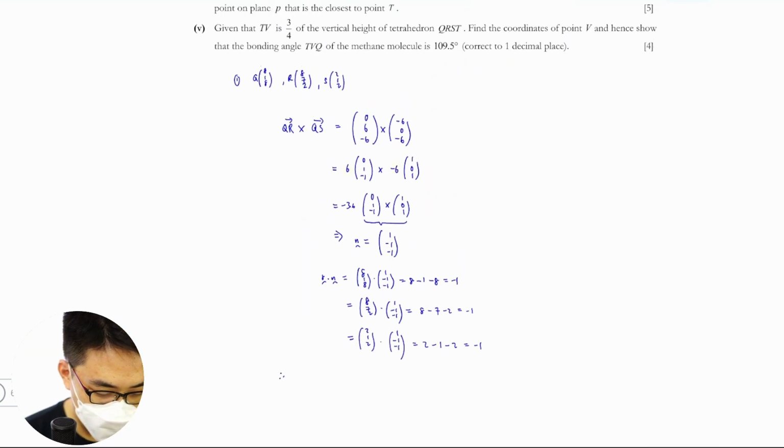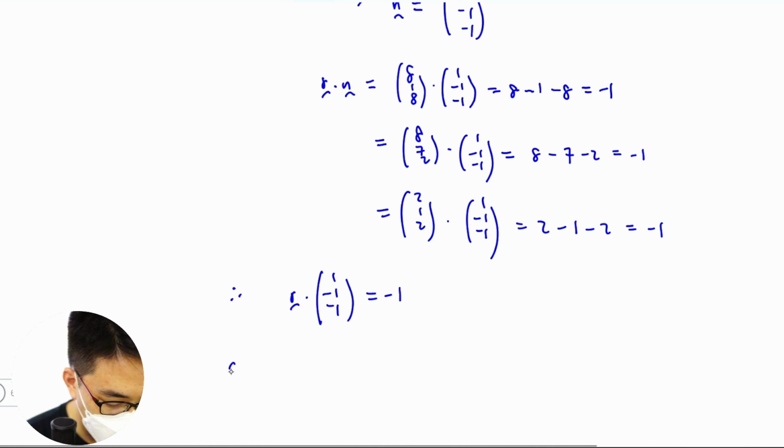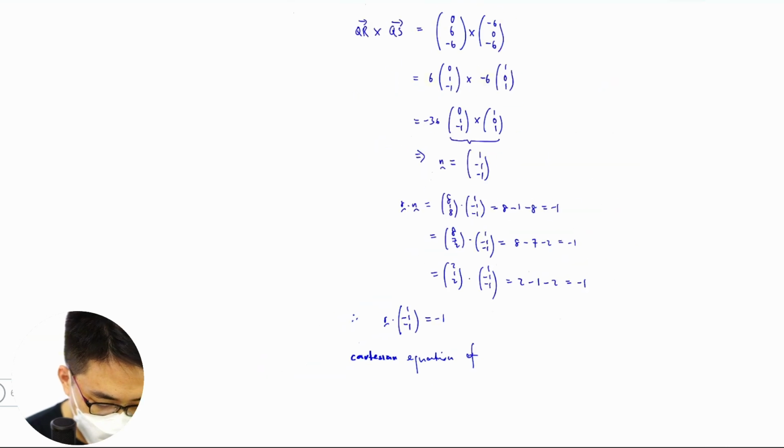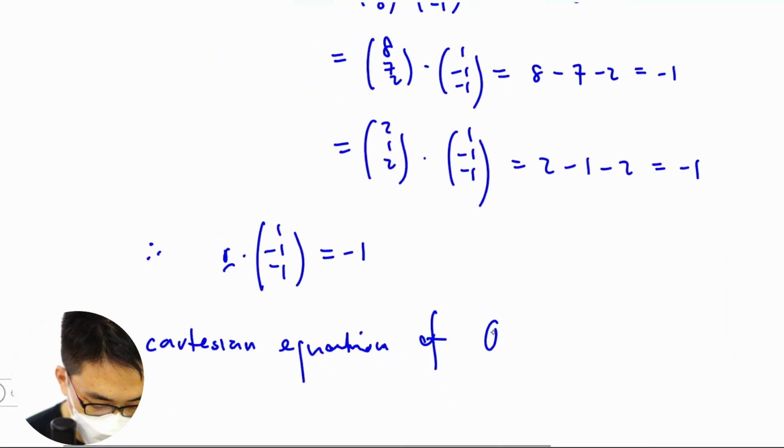Hence, in scalar product form, r dot (1, 1, 1) equals 17, the plane QRS.